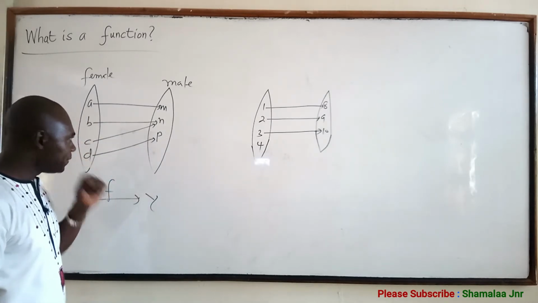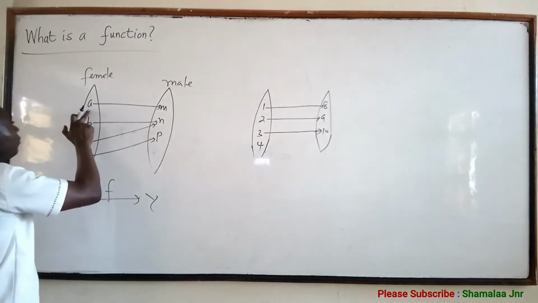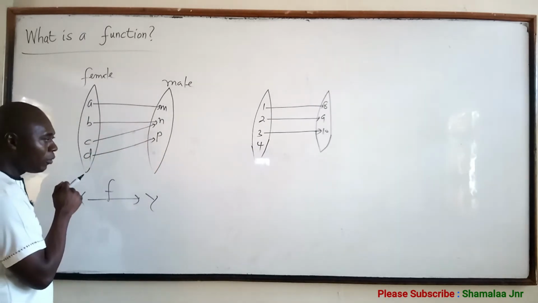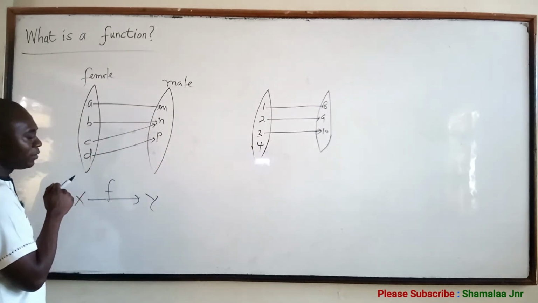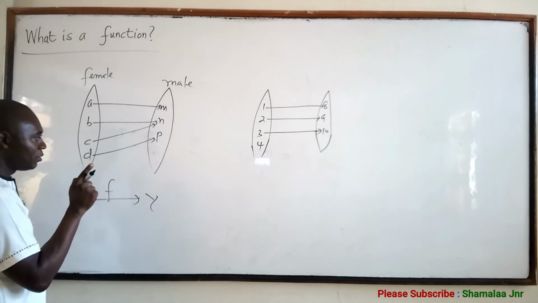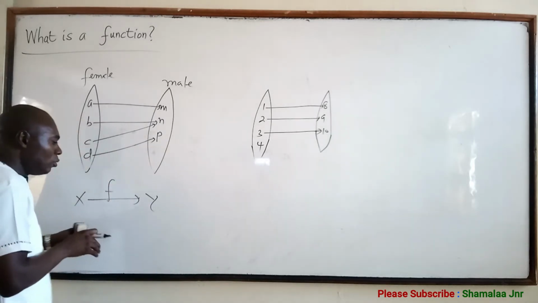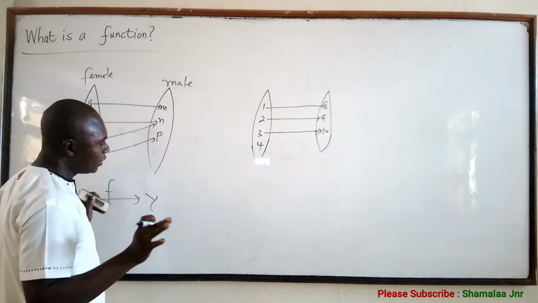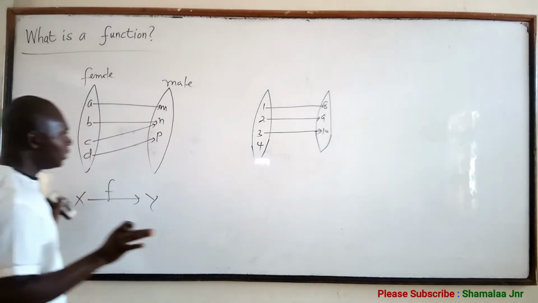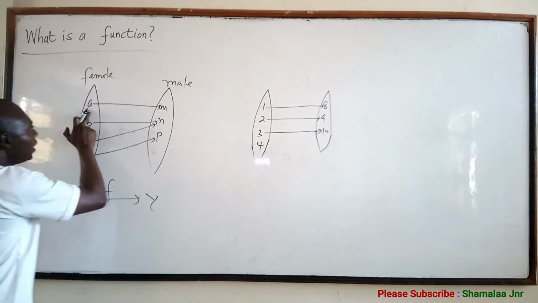What this means is that there is no way you see a female who is married to 2 or more men. You can't have a female who is staying with 2 husbands. It's not acceptable. So if you are here, you should have 1.